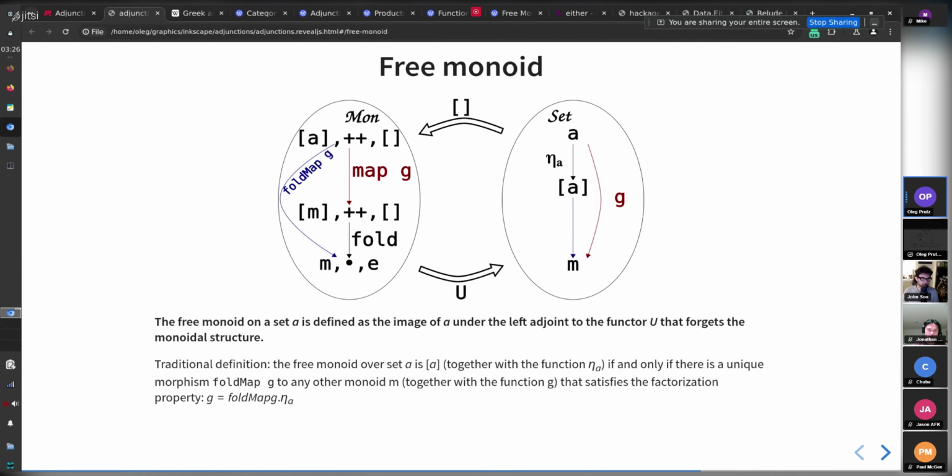And the counit: if you have a free monoid over something that is already a monoid, you can apply the counit, which happens to be a Haskell function called fold, which is also in the Foldable type class. Here you can see that foldMap g equals fold . map g.